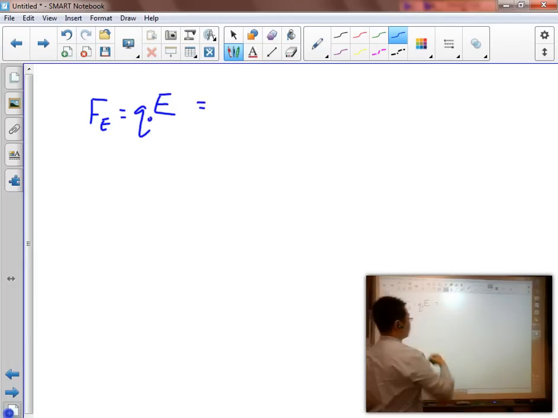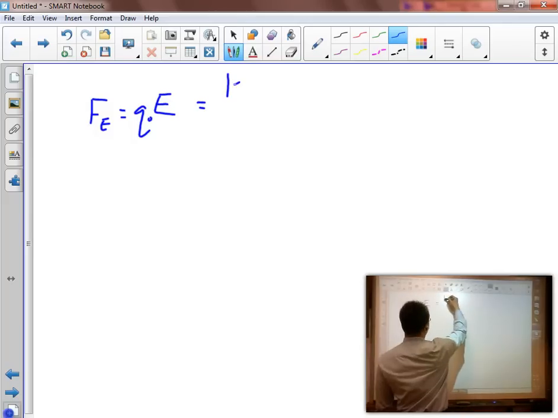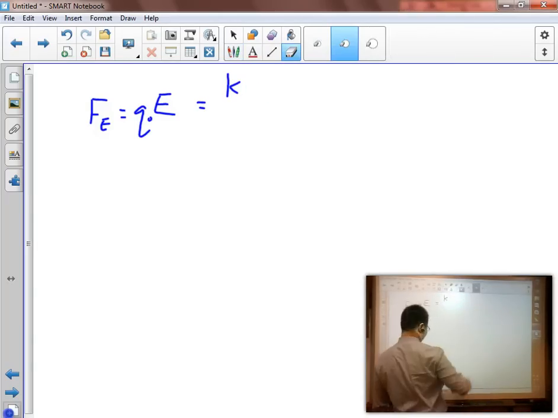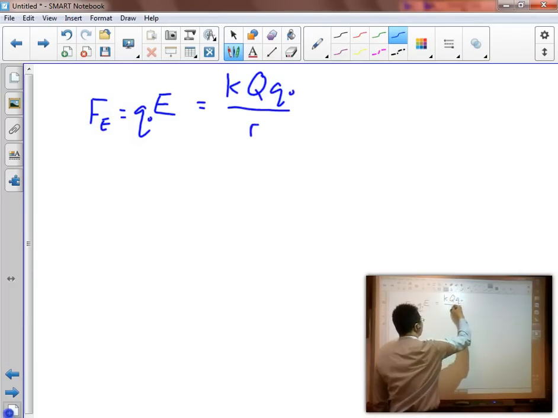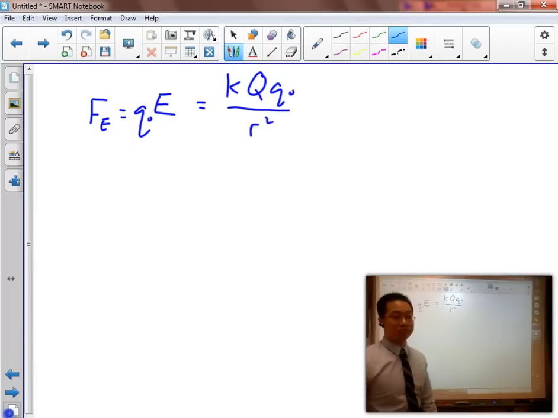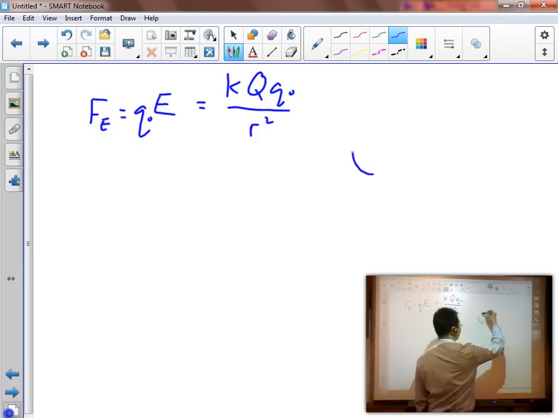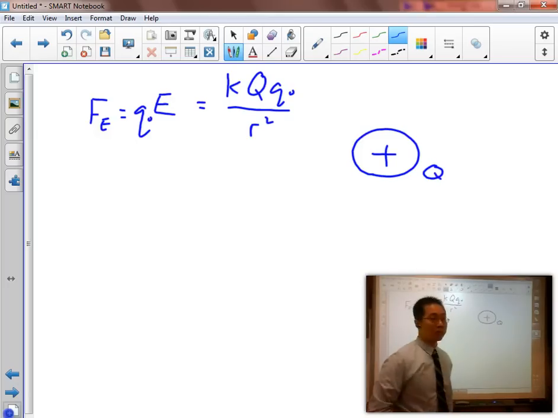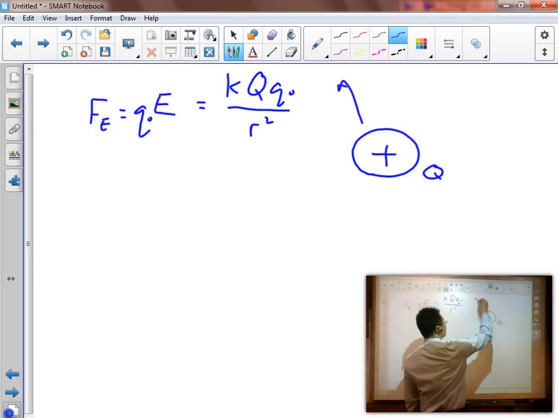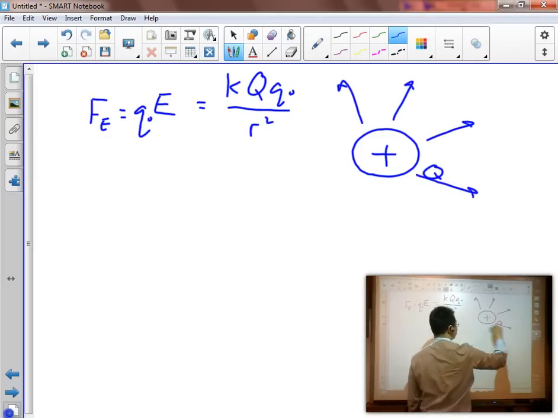But my original formula for electrostatic force was this force between two charges, K Q1 Q2 over R squared. Now in this case over here, I might have some sort of large charge of Q. Let's say this one's positive. And it's creating its own electric field.